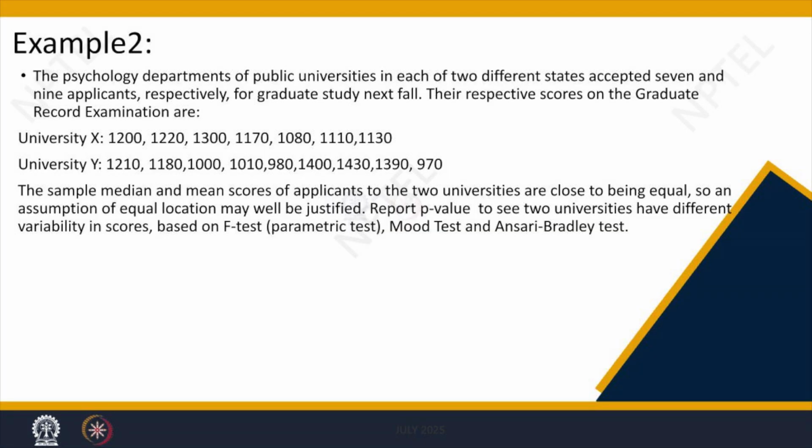So that's all about the two sample non-parametric scale test, and we will learn when and why we would use the mood test or Bradley-Ansari test. But of course, before that, you people have to check the structure, the distribution of the sample at your hand.